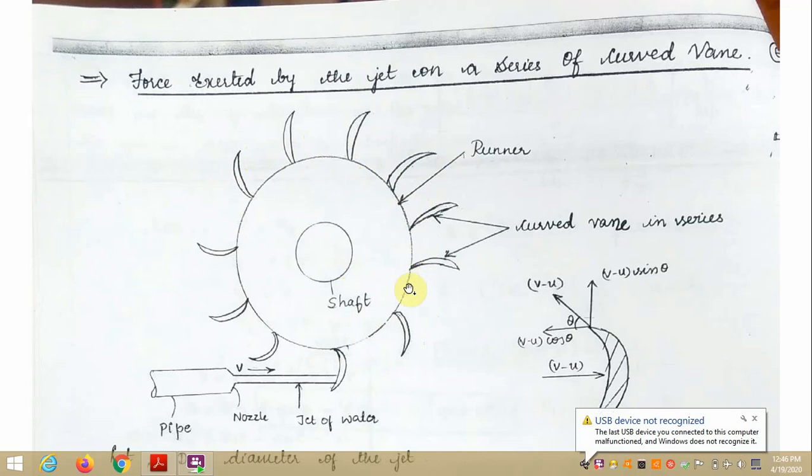To this runner the vanes have been fixed.